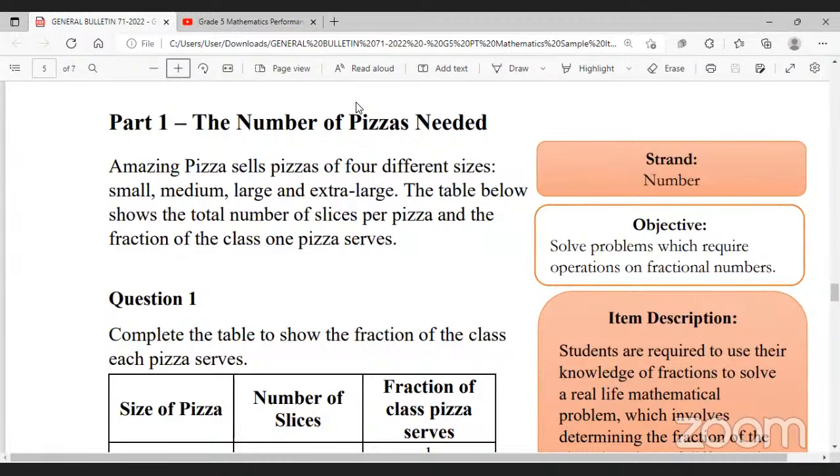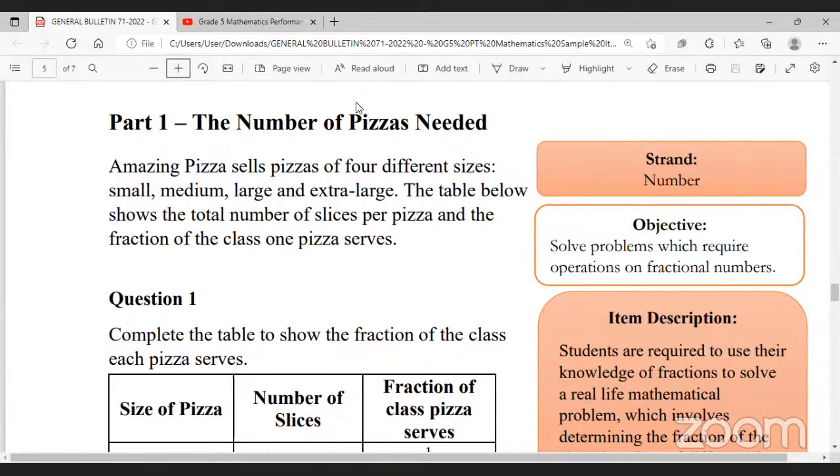This performance task is from the number strand. The objective of this problem here is to see how well you're able to perform operations on fractional numbers.